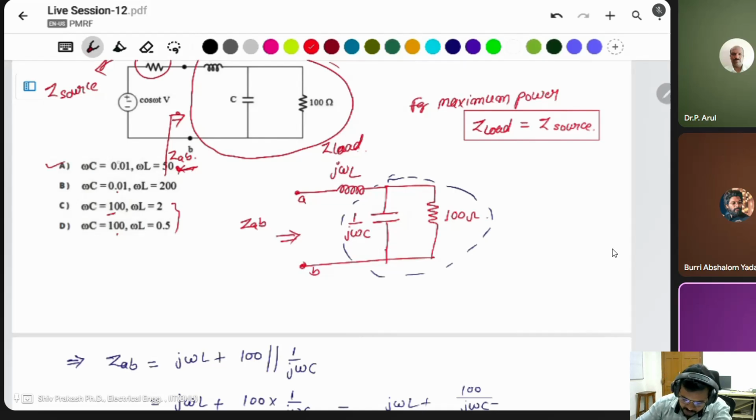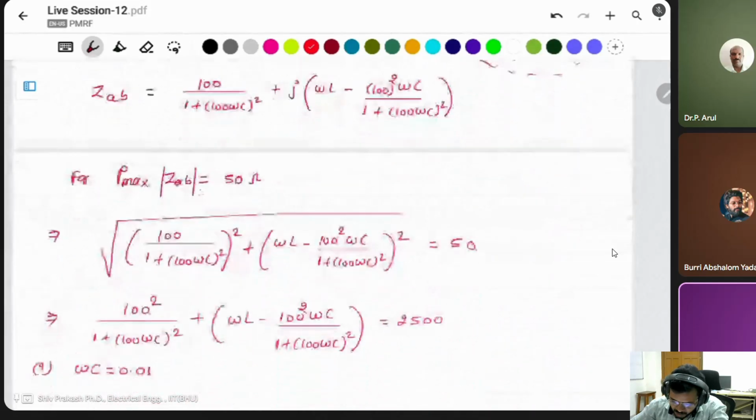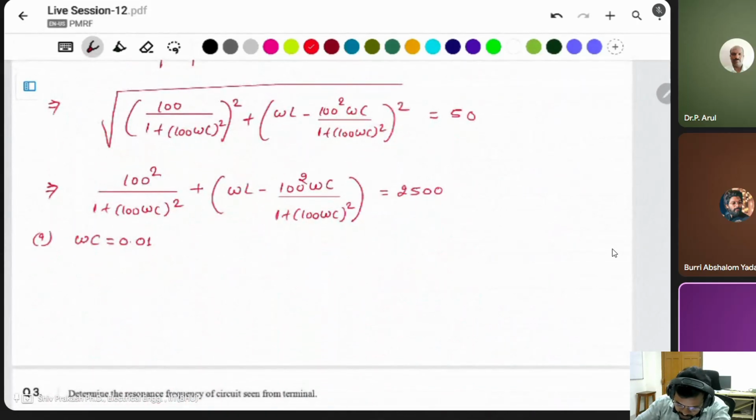First of all, check this one at omega c equal to 0.01. These are the two options, it should be 50 ohm or 200. Put the value omega c equal to 0.01. That means 100 multiplied by 0.01 will be 1. 1 square is 1 only, 1 plus 1 is equal to 2.